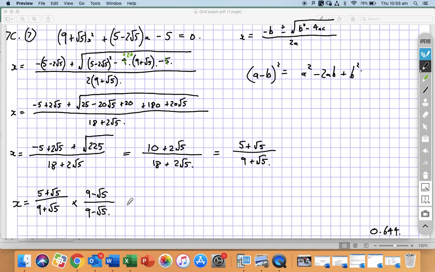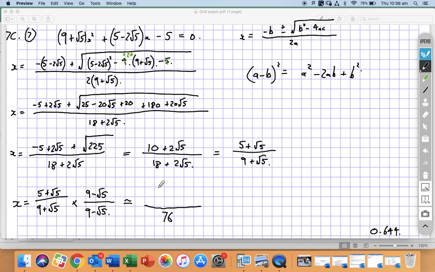So we've got to FOIL the top, and we've got a difference of two squares on the bottom. Let's do the bottom first because it's easier. 9 squared is 81 minus root 5 squared, which is 5, so we get 76.